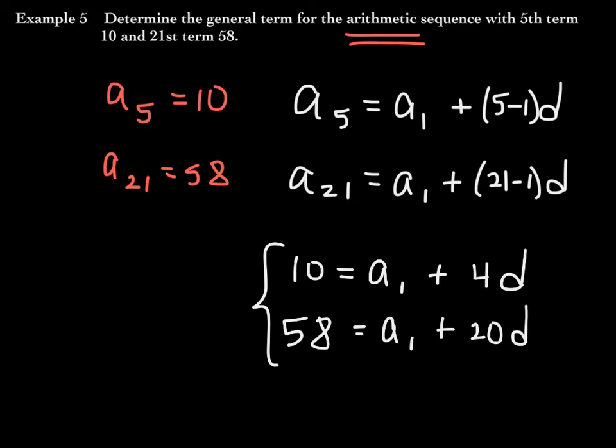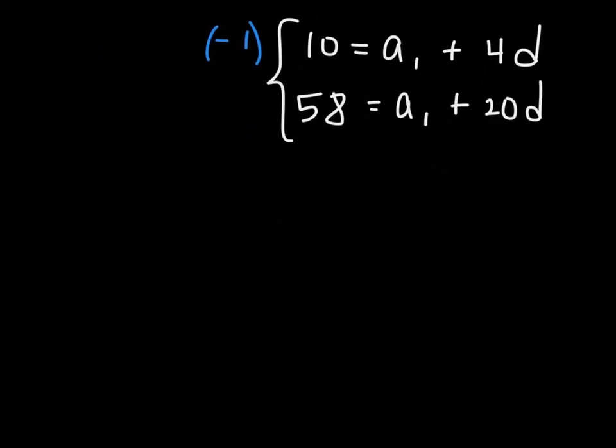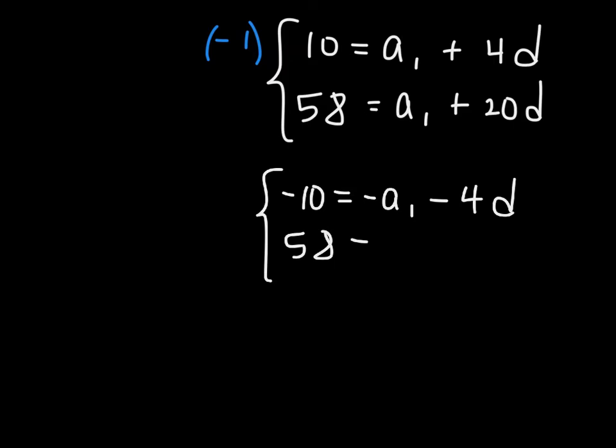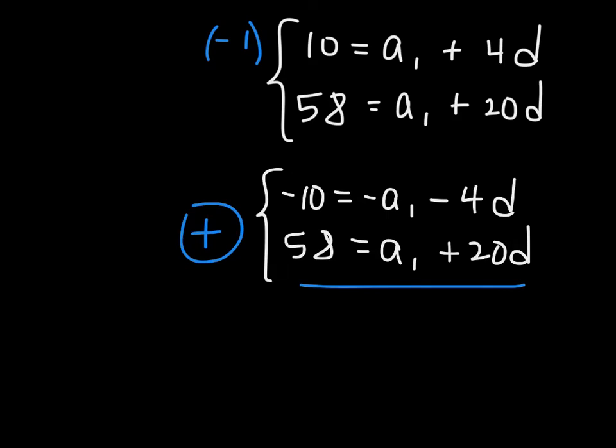How about the elimination method? If I multiply the first equation by negative 1, that would change my system to be negative 10 is equal to negative a sub 1 minus 4d, so that when I add my equations together, my a sub 1 variables cancel, and you're left with 48 is equal to 16d.